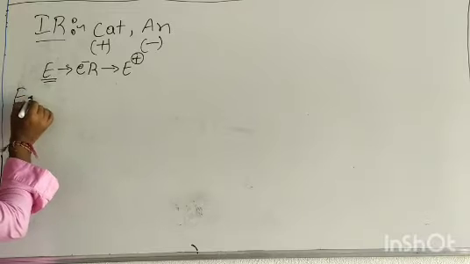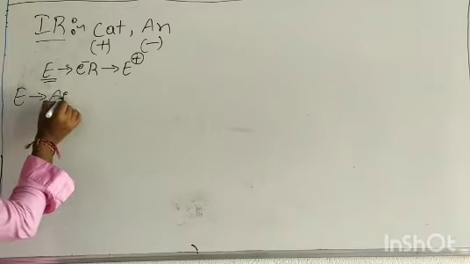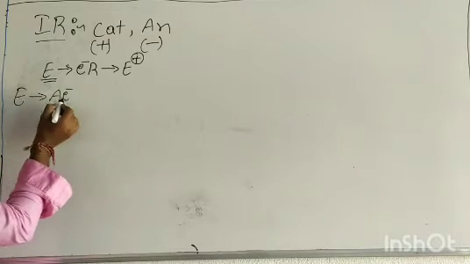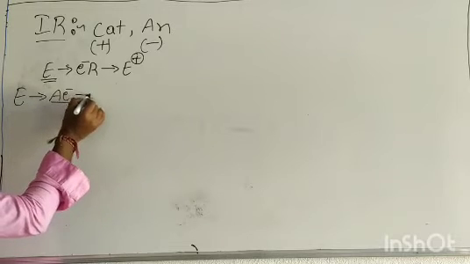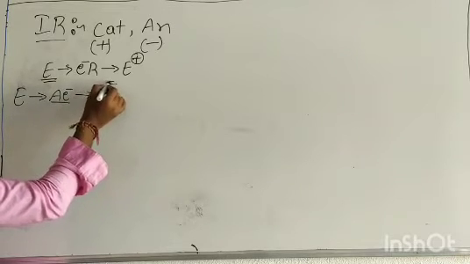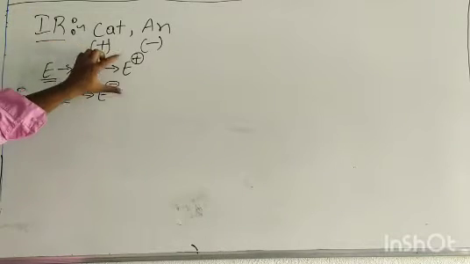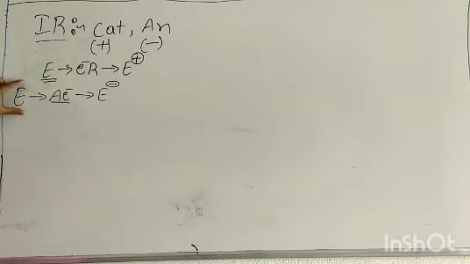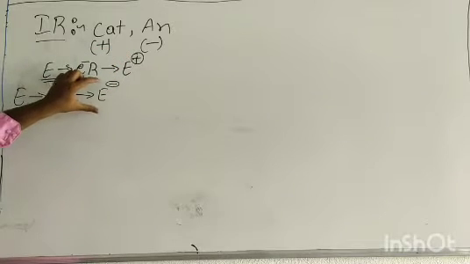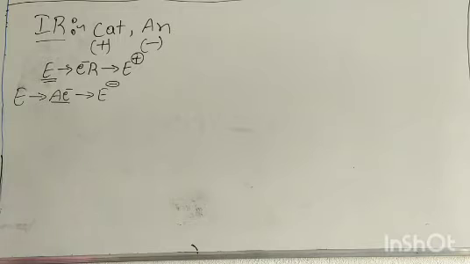Whereas if you add an electron to the element, this element will develop a negative charge. Removal of an electron develops positive charge; adding an electron develops negative charge.